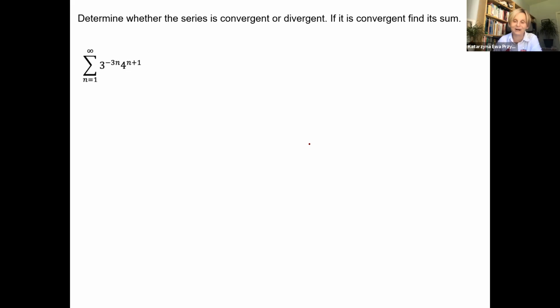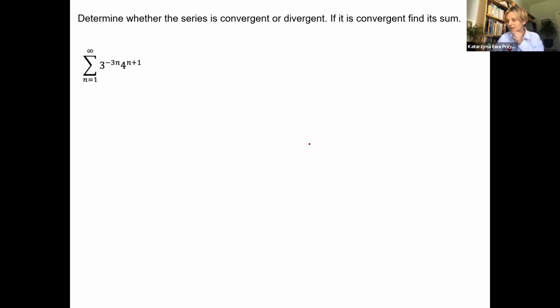The geometric one, because the rest of the tests don't give us the actual sum. They tell us if the series is convergent or divergent, but only for geometric series do we have formulas. Let's figure out the common ratio. First of all, do you think this is a geometric series?